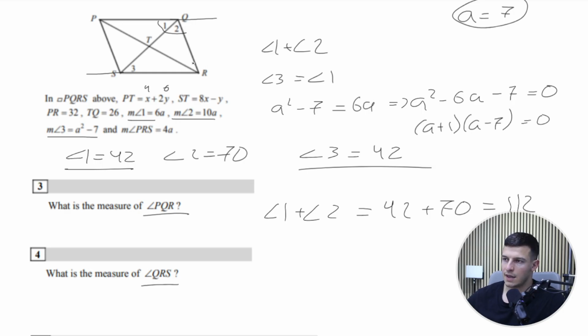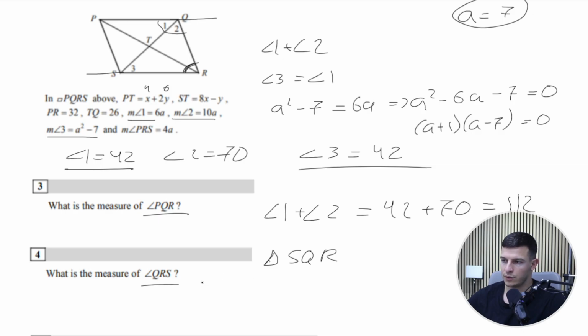And what is the measure of QRS? QRS is this angle. Now, what do we know about that angle? If we look at the triangle SQR, we know that internal angles should add up to 180. We have 2 and 3, and we're missing that R angle, which is what we're looking for.